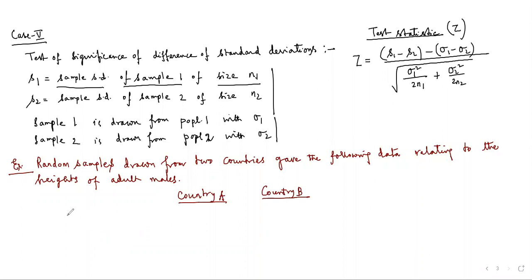Country A and country B. Mean height in inches, which is 67.42 and 67.25.